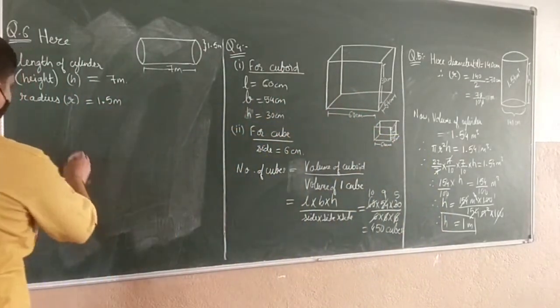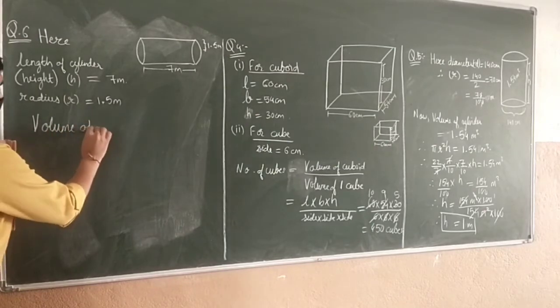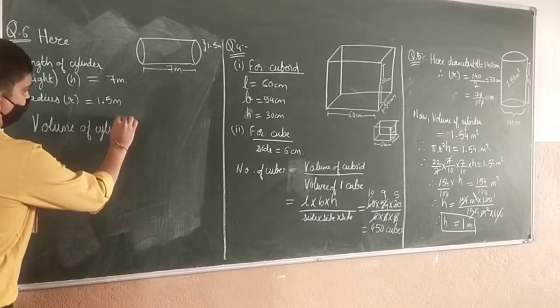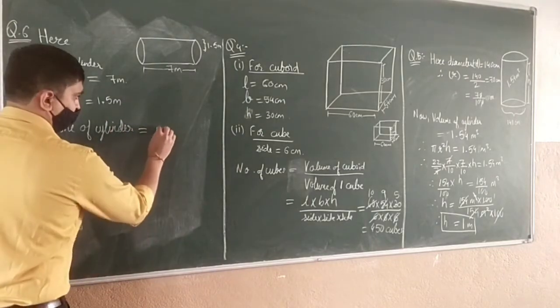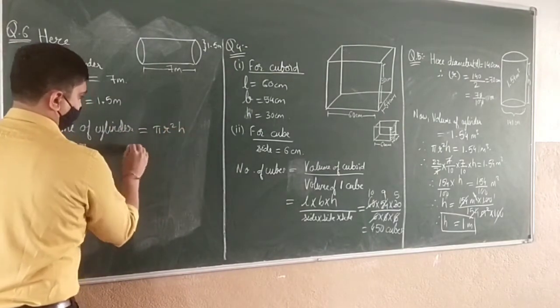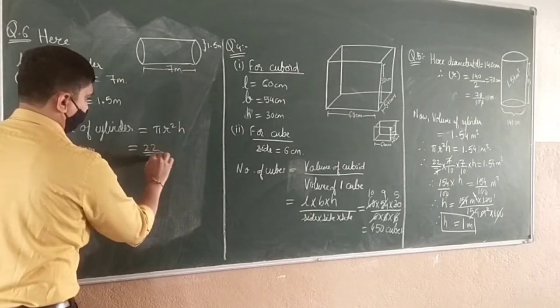Understood? And for that purpose we will use the volume of cylinder. Volume of cylinder is equal to what? Pi r square h. Have they given us pi? No. So we will take 22 by 7.